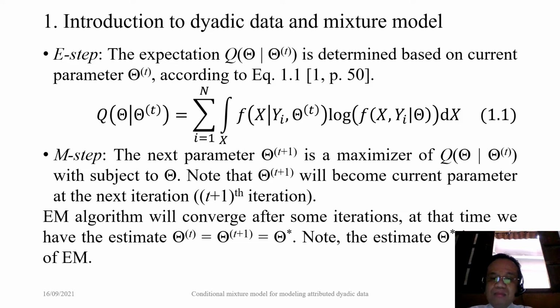Note that theta t+1 will become the current parameter at the next iteration. The EM algorithm will converge after some iterations. At that time, we have the estimate theta t = theta t+1 = theta star. Note that the estimate theta star is the result of EM.